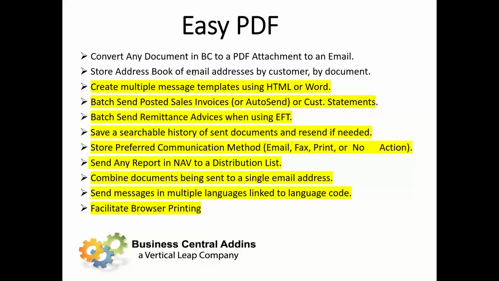It will also store email addresses by customer and by document. However, what it won't do is allow you to create multiple message templates, particularly using HTML. Business Central only uses Word templates, which are not easy to manipulate.